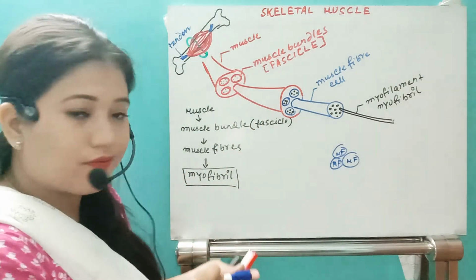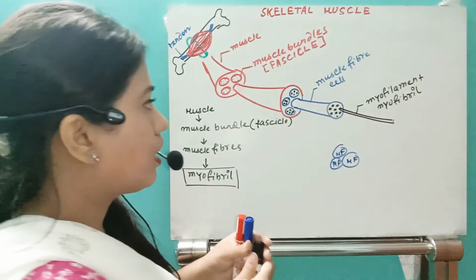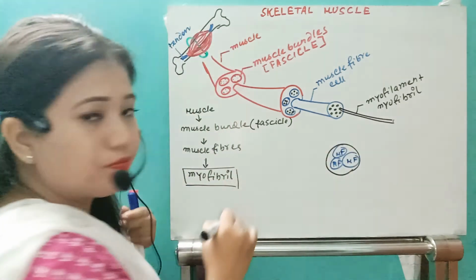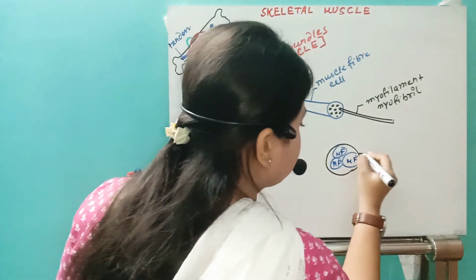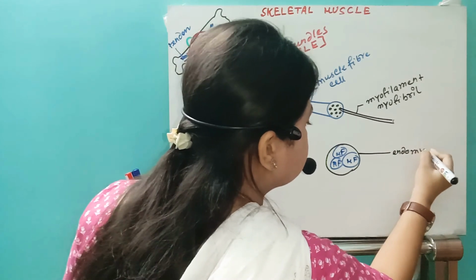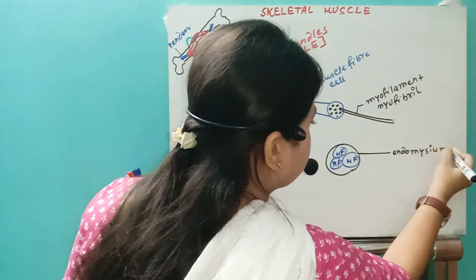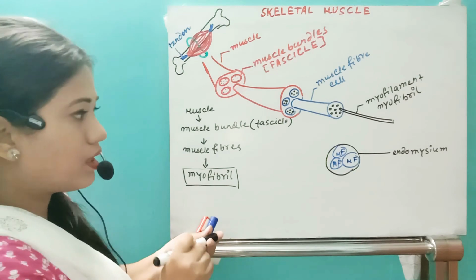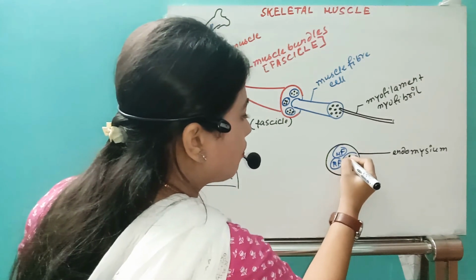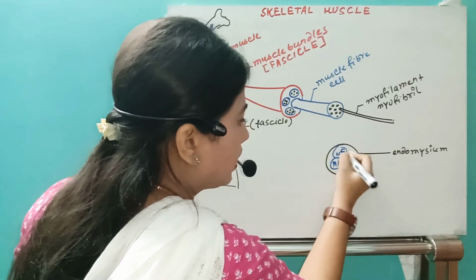These muscle fibers will be covered by one membrane. That will be known as the endomysium. These muscle fibers are going to have the myofilaments inside them.